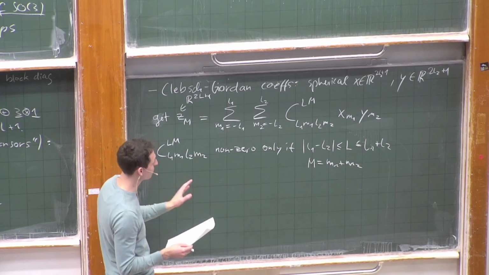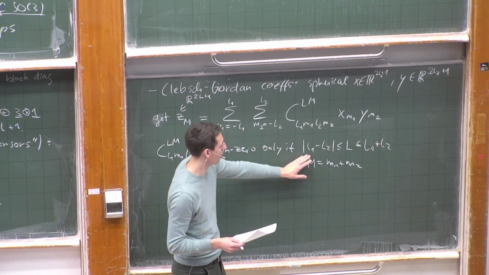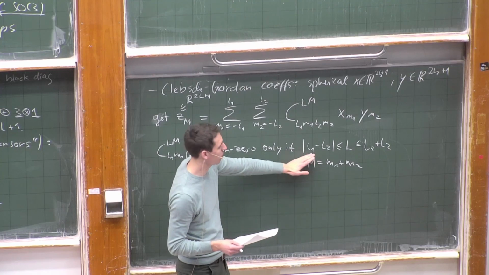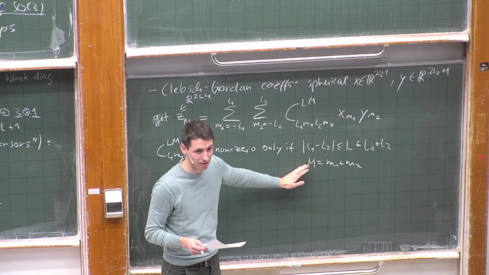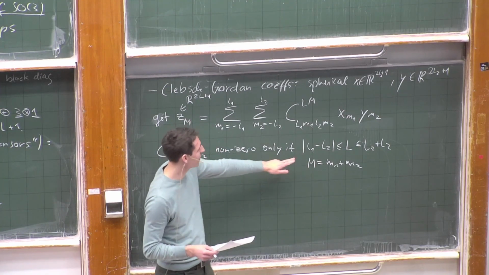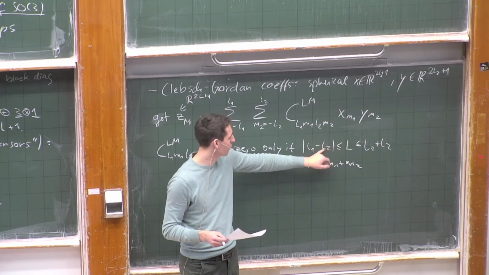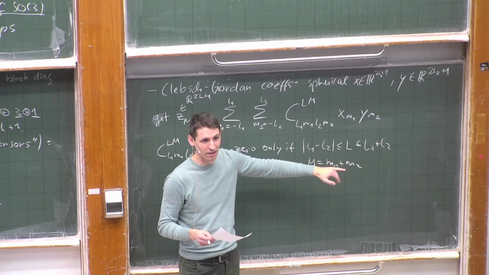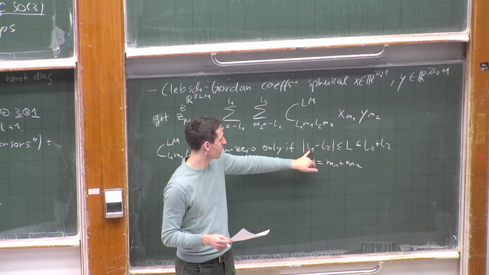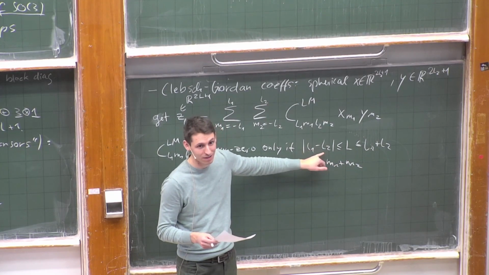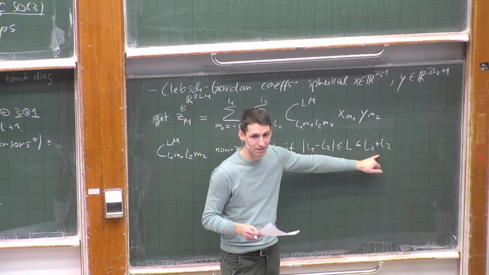And this is maybe just how I could also make these rules plausible to you. Basically, what we have here is that the total angular momentum should fulfill this triangular inequality, that either the momenta are completely anti-aligned or they are completely aligned.